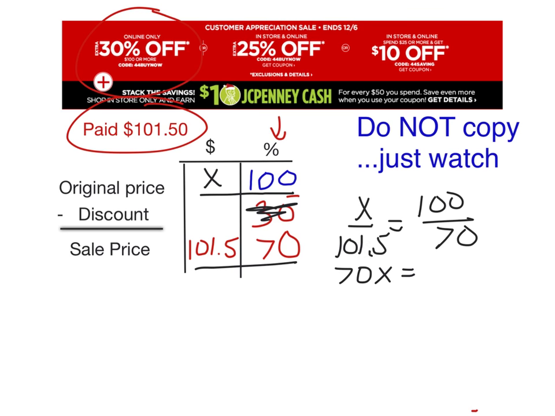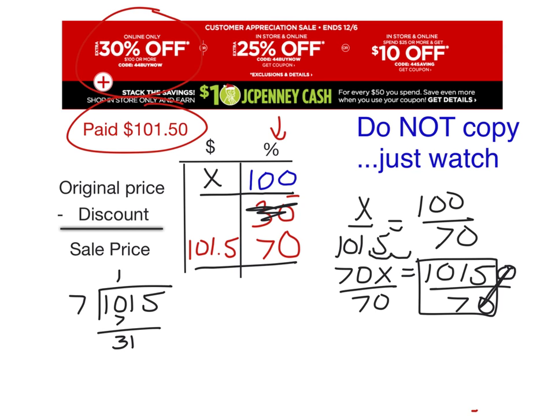So go off to the side, 1015 divided by 7 goes in there one time. Your remainder 3, bring down the 1, goes in there 4 times, because 4 times 7 is 28. Your remainder's 3, get the 5 in there, 7 goes into 35, exactly 5 times.